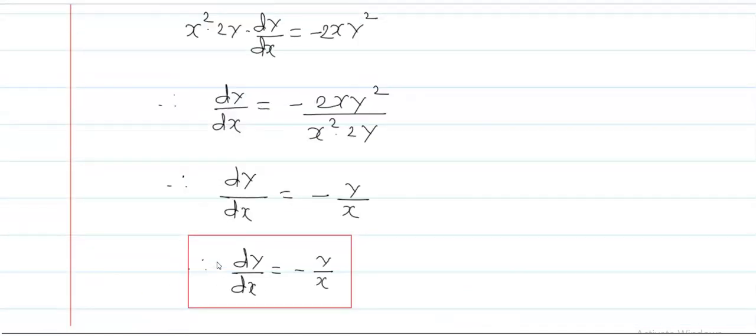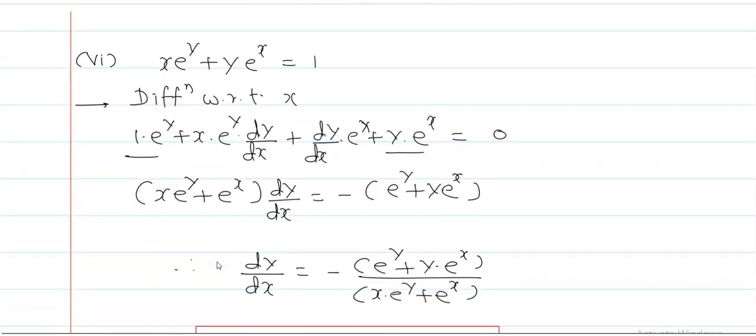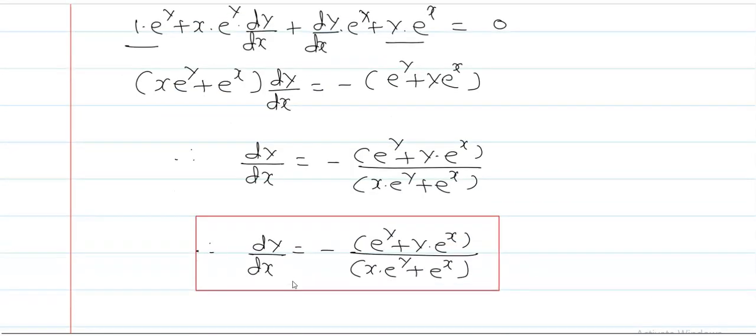Collect the terms of this dy by dx: x into e raised to y plus e raised to x into dy by dx is equal to minus in bracket e raised to y plus y into e raised to x. Therefore, dy by dx is equal to minus in bracket e raised to y plus y into e raised to x upon x into e raised to y plus e raised to x. And this is the answer. Now the next is.